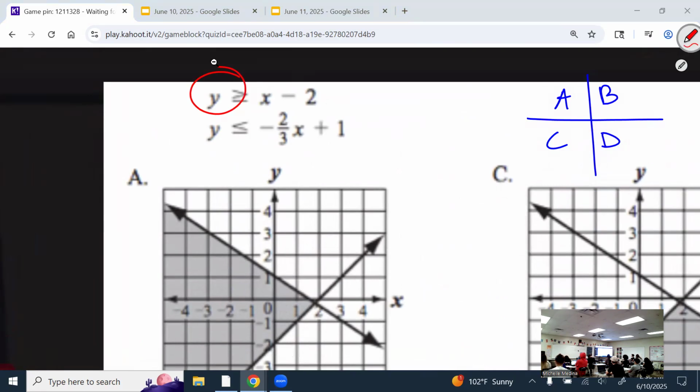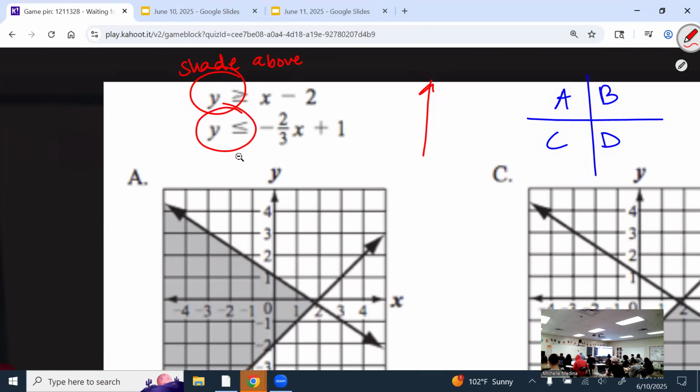If it's y greater than or equal to, James, do I shade above or below? Above. Because if I want y to be greater, when I go up on the y-axis, those values get greater, right?